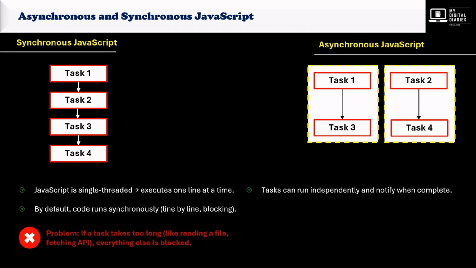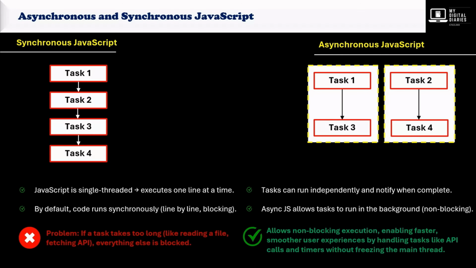When any asynchronous task completes, for instance an API call or timer, it notifies JavaScript. The callback or a promise result is executed only when the main thread is free. This approach allows JavaScript to handle non-blocking execution, making your web applications faster, smoother and more responsive.